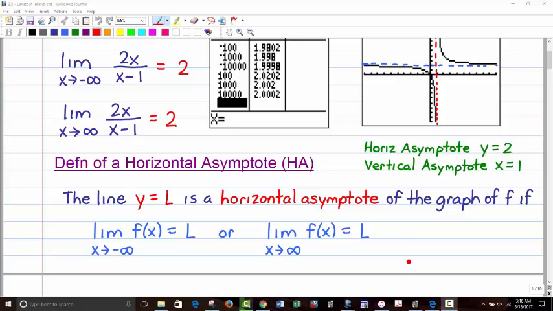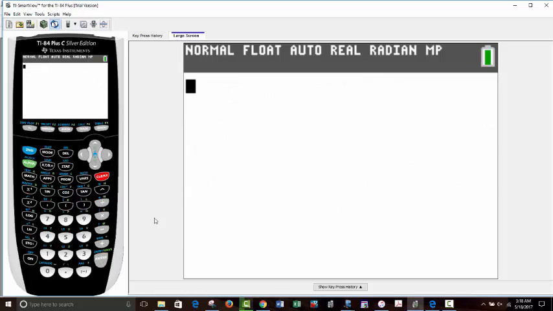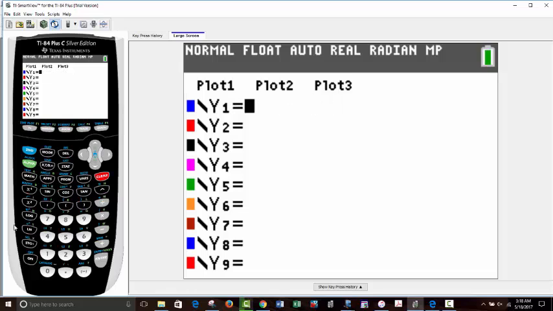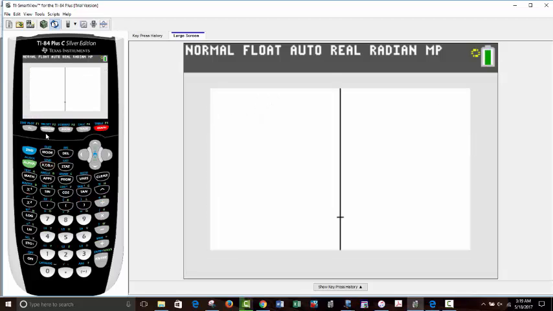I'll just draw a rough sketch now, or I could bring it up in the calculator. Clear that, and e to the x. I don't know what kind of window I have set up here. Oh, I got a weird one.